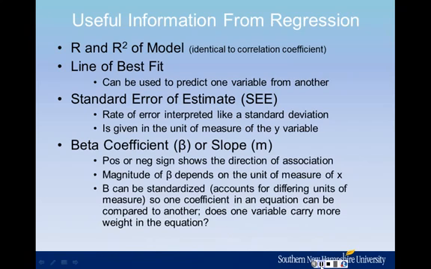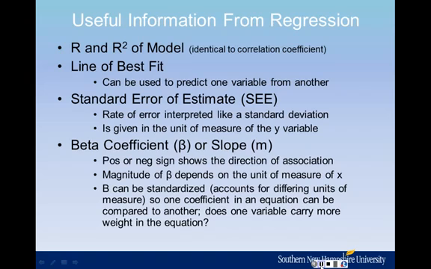Okay. The other thing you get, it's actually part of the line of best fit, is the slope. The slope for that x, and if you have many x's in the equation, as in a multiple regression equation, you have many slopes. In the research literature, you will often see the term beta coefficient. The beta coefficient is another word for slope.